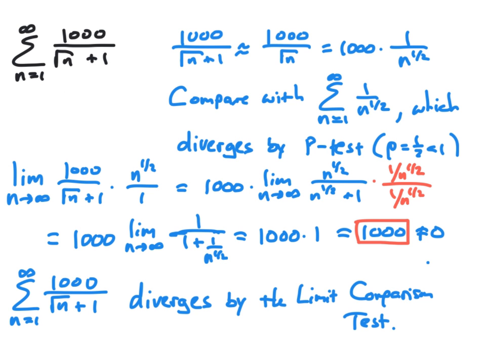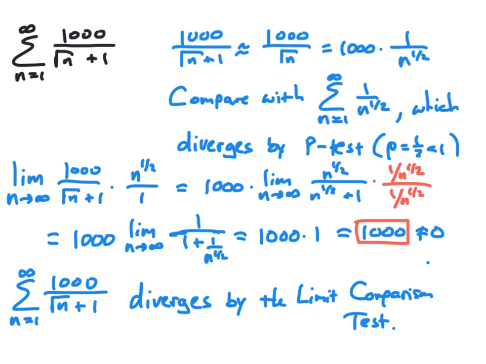For our first series, we note that 1,000 over the square root of n plus 1 is approximately equal to 1,000 over the square root of n when n is large, and that is 1,000 times 1 over n to the 1/2 power. This tells us that we're going to compare a given series with the series with term 1 over n to the 1/2, and we know that this series that we're comparing to will diverge by the p-test.